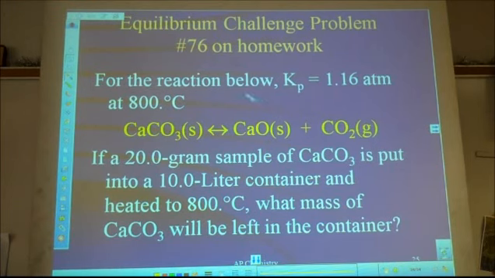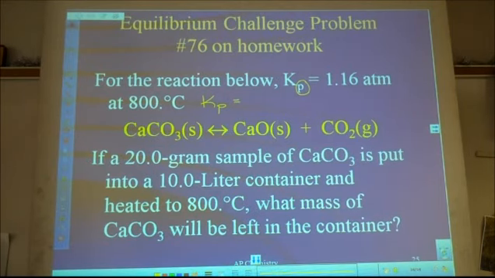It says, for the reaction below, Kp equals this number. Well, what I would do before you read any further is write the Kp expression for this reaction that is in yellow.